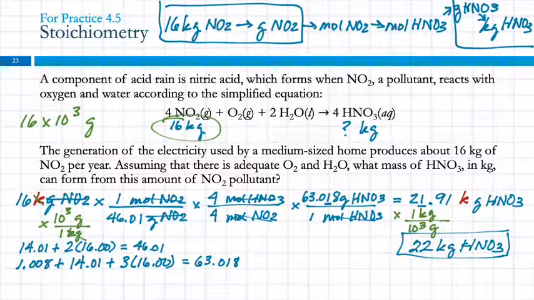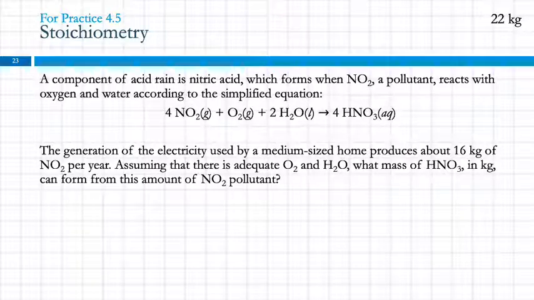It's not proper scientific notation, but your calculator doesn't care. And so you can instantly convert into the base unit without really doing a calculation at all. So you could stick that in down here and go through, and then you'll end up with grams and you'll have to convert to kilograms. 22 kilograms.